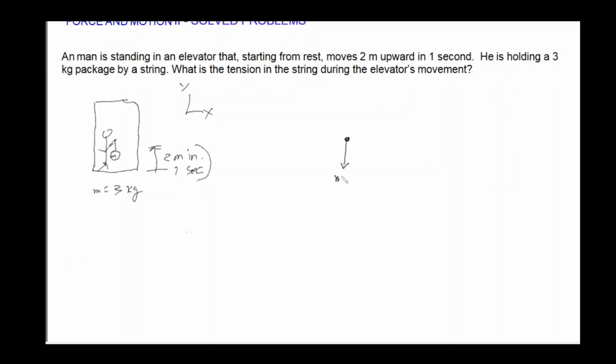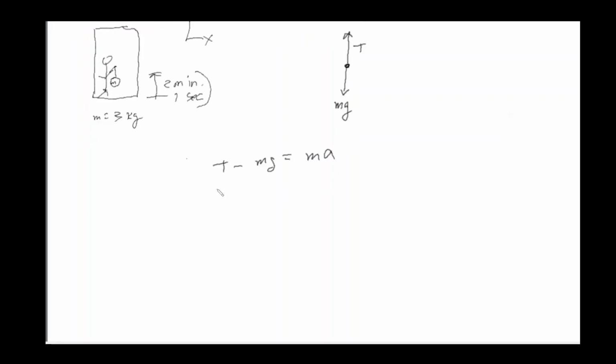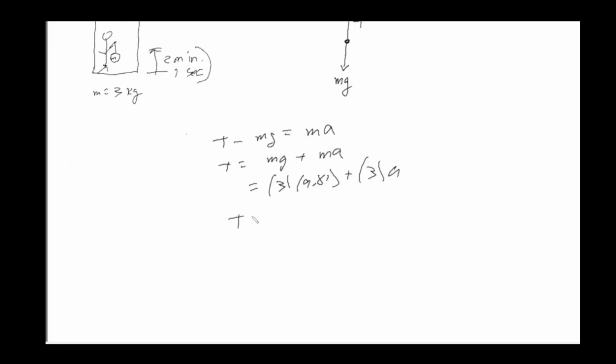So we know its weight, which is mg, is pulling down, and the tension is pulling up, and the tension is what we're looking for. So if we add those forces, we get T minus mg gives us the movement of the package, or T is equal to mg plus ma, which in this case is equal to 3 times 9.81 plus 3 times a, or T is equal to 29.4 plus 3a.